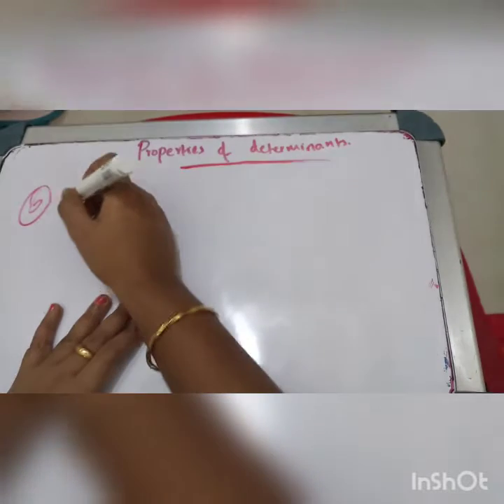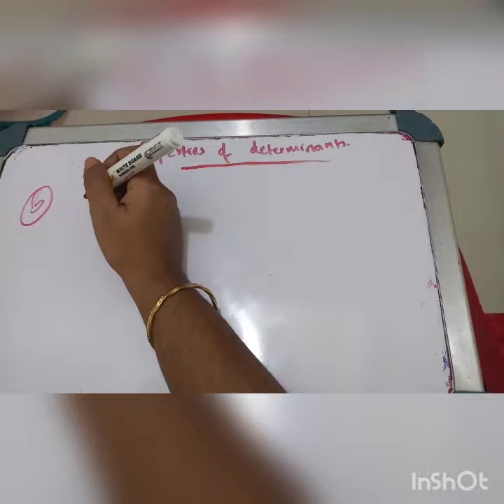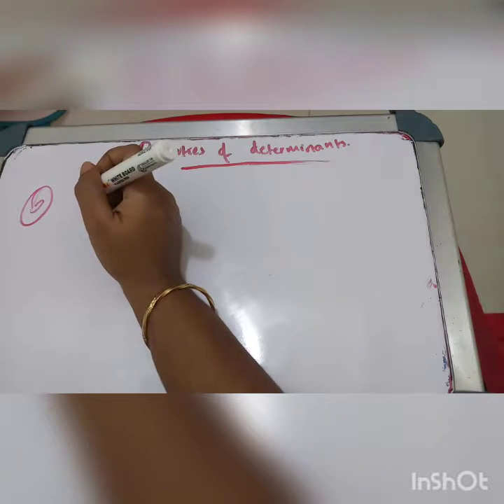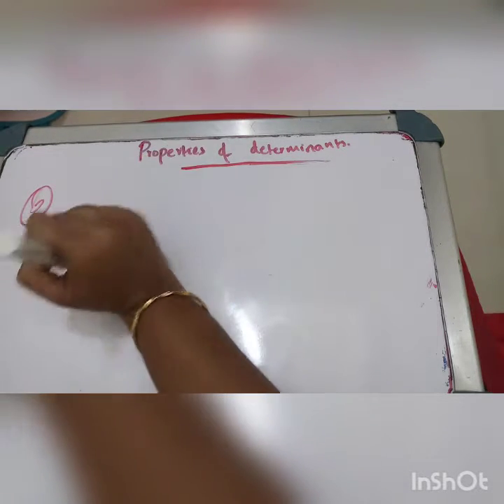The next property is, if some or all the elements of a row or column in a determinant are expressed as a sum of two or more terms, then the determinant can be expressed as the sum of two determinants.